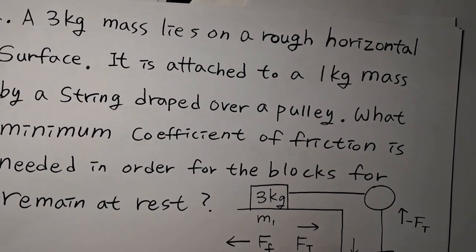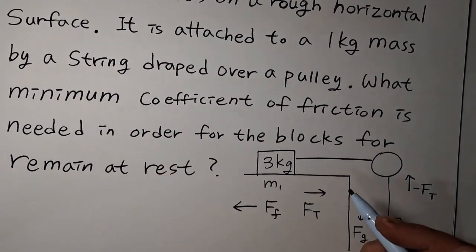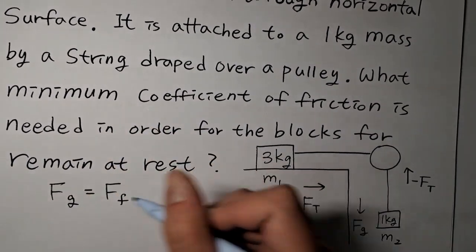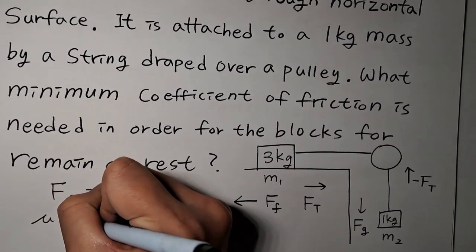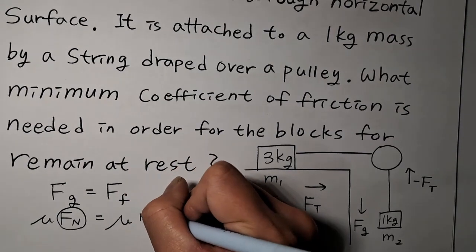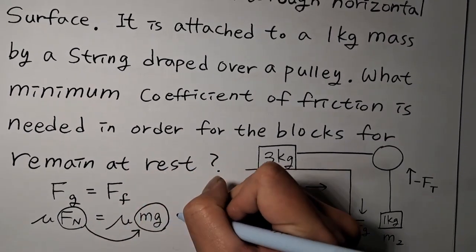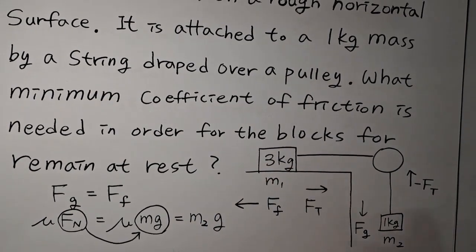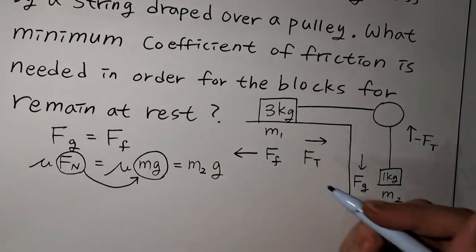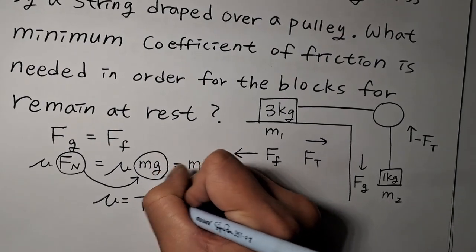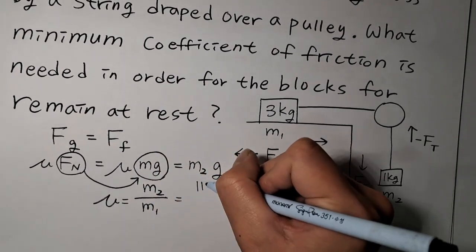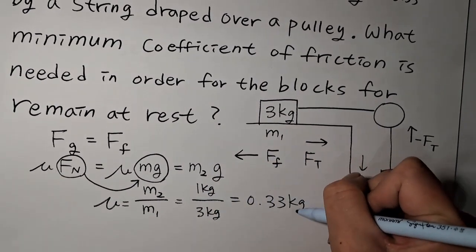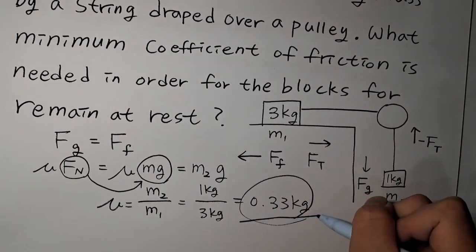So force of gravity is equal to force of friction, and this means... so this is going to be the answer.